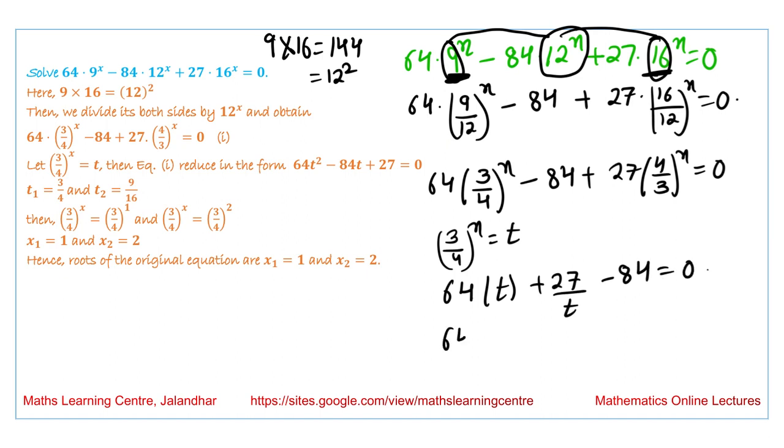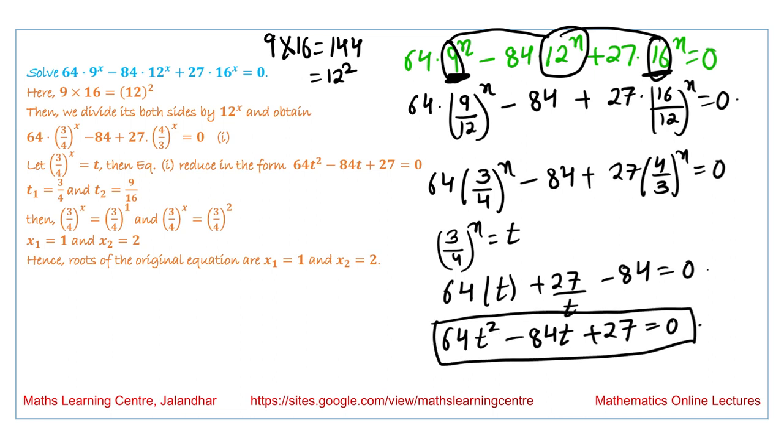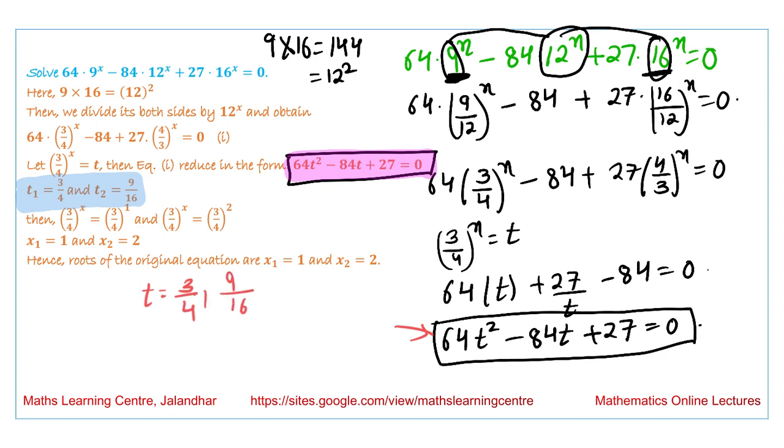So this gives us 64t square minus 84t plus 27 is equal to 0. So we are obtaining the equation in this form. Now if we solve this equation, 64t square minus 84t plus 27, we obtain t1 is equal to 3 by 4 and t2 is equal to 9 by 16. So these are the two values of t we obtain, 3 by 4 and 9 by 16.